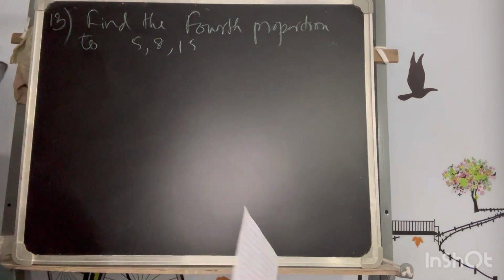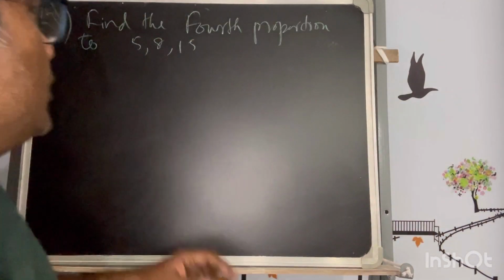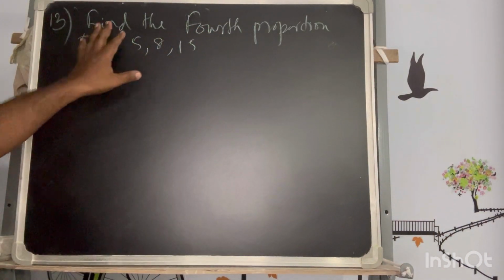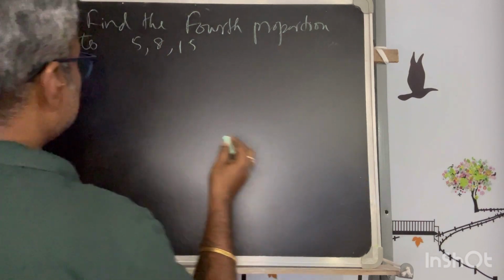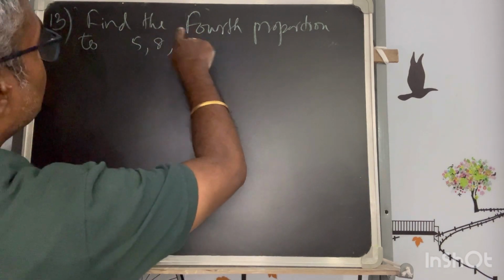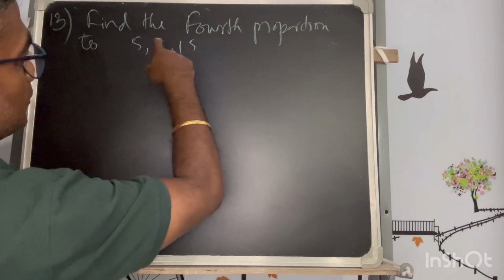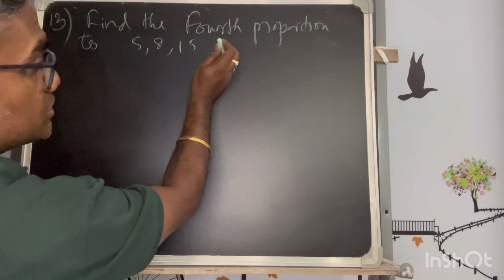So you know the theory of getting the fourth proportion of any three numbers: the fourth proportion means the quantity that will come next to these three numbers.